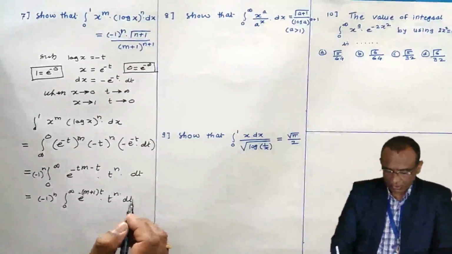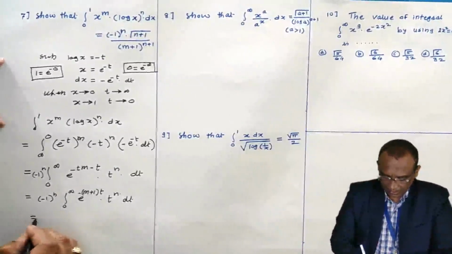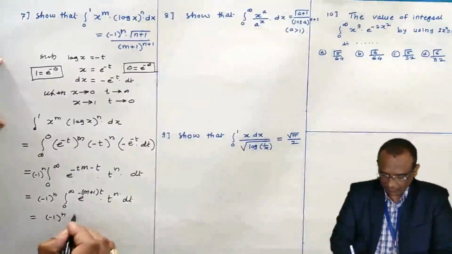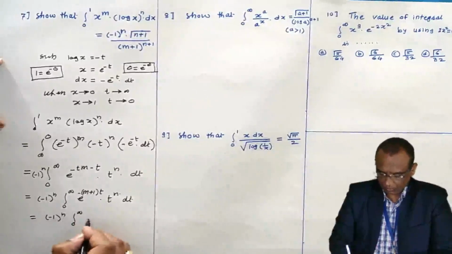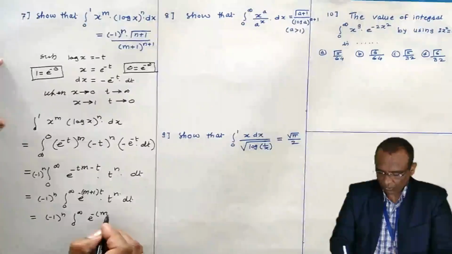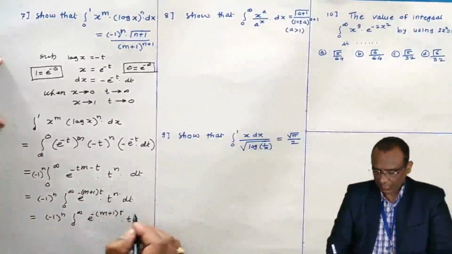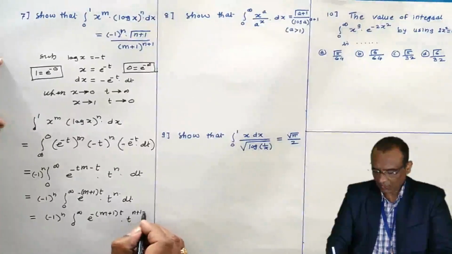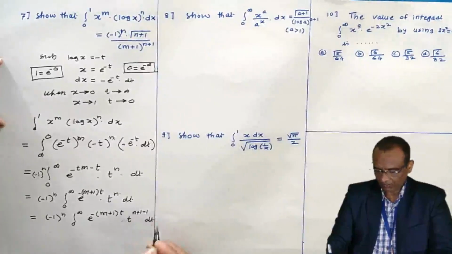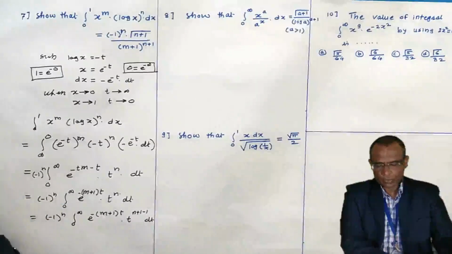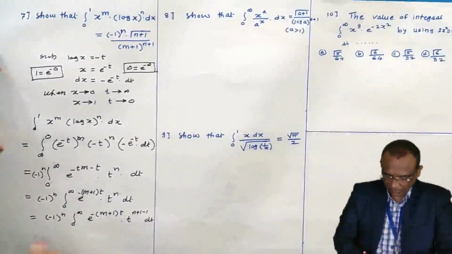Now see, I am going to simplify this one more step so as to fit the formula. This n can be written as n plus 1 minus 1. Now this formula we used previously.